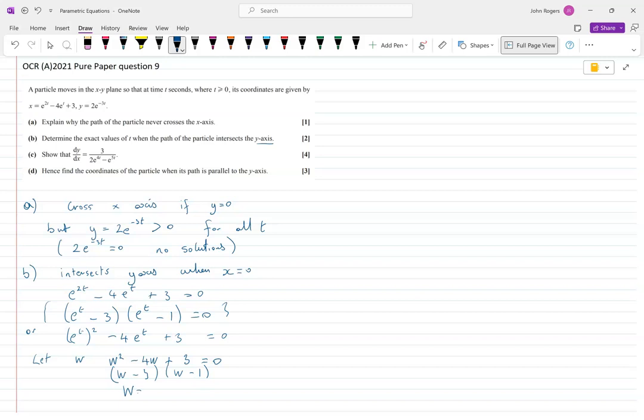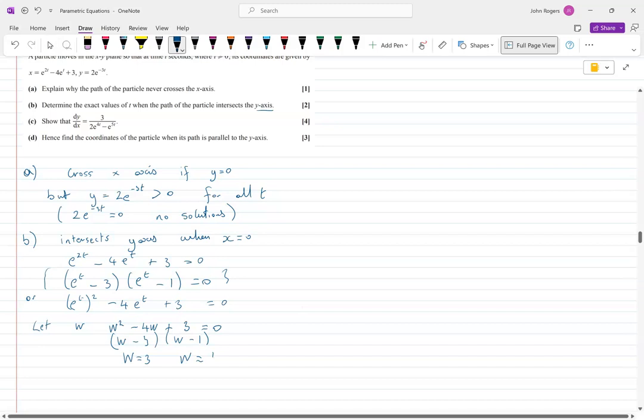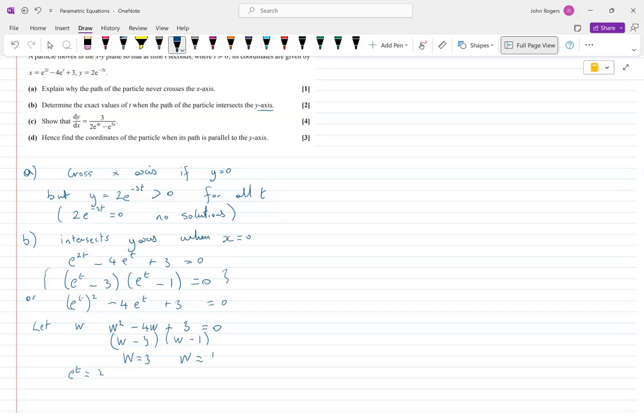So we have w equals 3 and w equals 1, and then we get to the same place: e to the t equals 3 and e to the t equals 1. E to the t equals 3, undoing that gives us t equals ln 3. E to the t equals 1 gives us t equals 0.